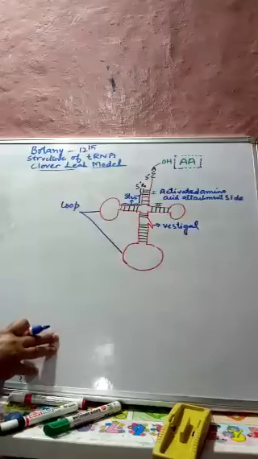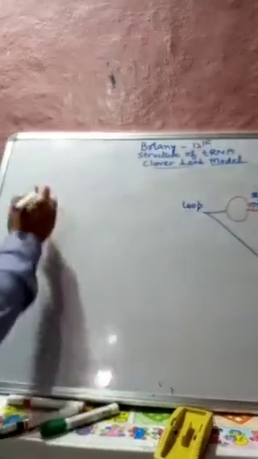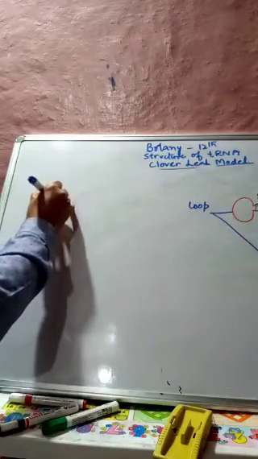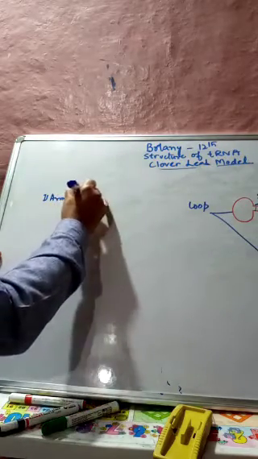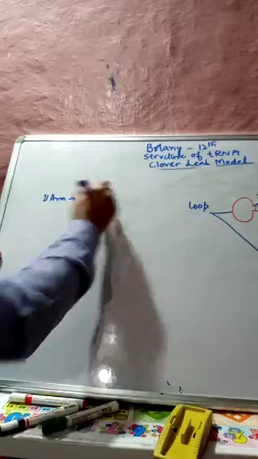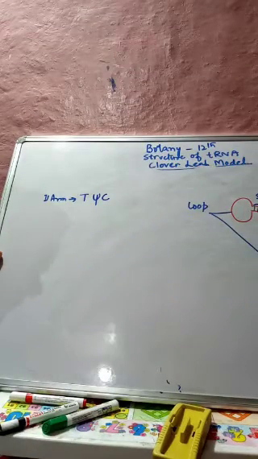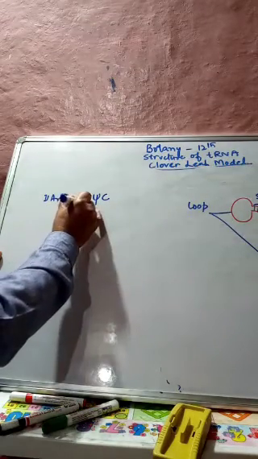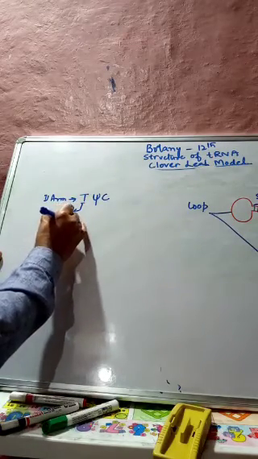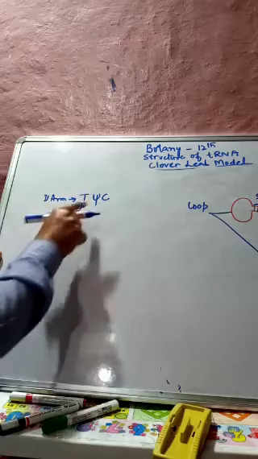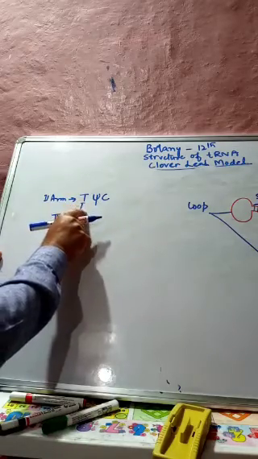If we try to write here, the second arm is called T psi C. This T is the thymine, but it is the only arm where we will see thymine.